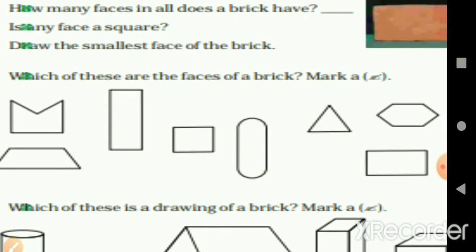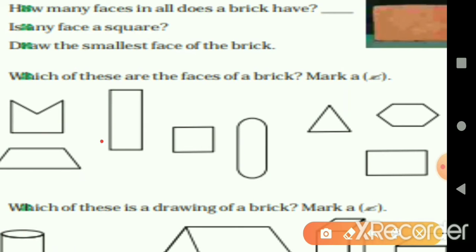Now the next question is given: which of these are the faces of a brick? Mark a tick mark. Here many faces are given, so you find only the faces of a brick and tick right mark on it.